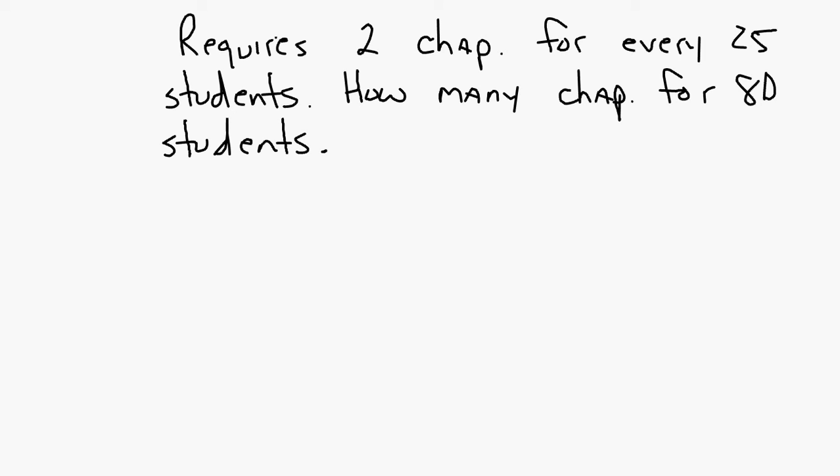Now, when you set up this proportion, you can set up a proportion of chaperones to students. So you would set up your proportion as 2 chaperones for every 25 students has to be equal to x chaperones for 80 students. There's your proportion, and you know how to solve these.